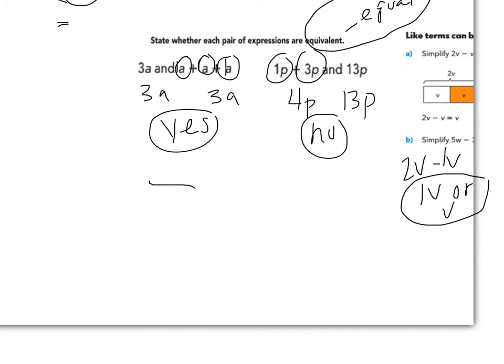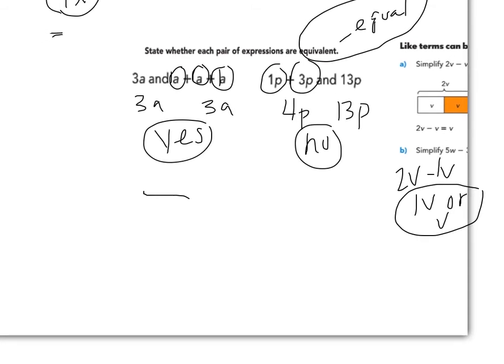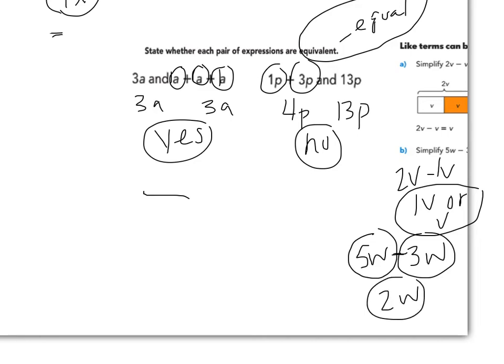We have 5w minus 3w. Again, we have the same variables, so we take the coefficients, the 5 and the 3, and since there's a minus here, we're going to subtract. So if you have 5 w's total, if you're looking at your bar model, and you're taking 3 of those away, what you're left with is the ones that are not shaded, which is 2w.